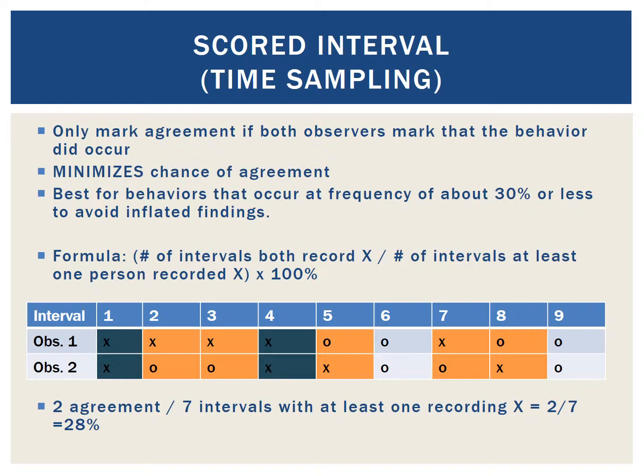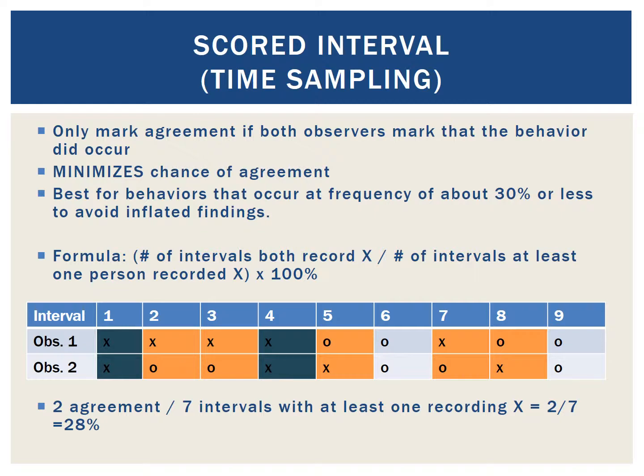So think of it this way. Suppose that one observer was wearing a blindfold and just recorded an occurrence every single time. The other observer was very carefully observing and recording. And let's say the observer who was recording very carefully recorded that the behavior occurred in 9 of 10 intervals.